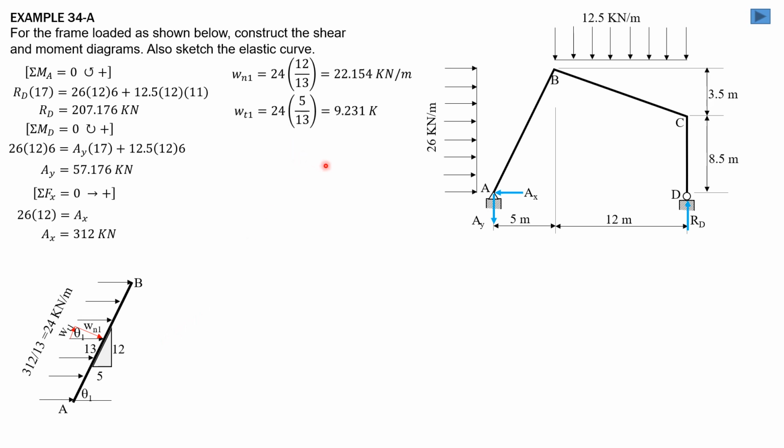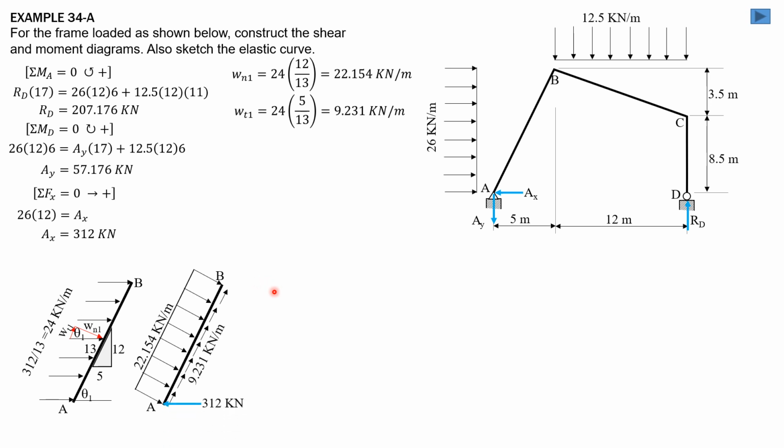So in decimal, 9.231 kilonewton per meter. Let's now put the values here, 22.154 kilonewton per meter, then 9.231 kilonewton per meter. Then let's have AX and AY.